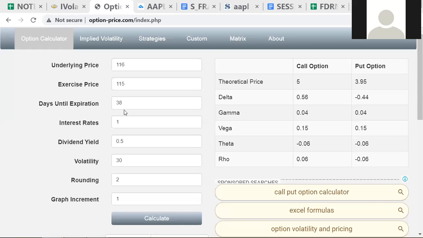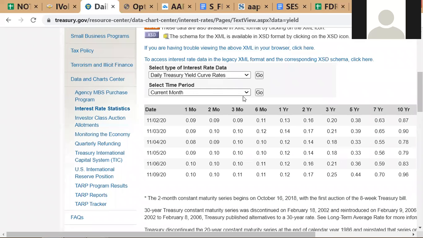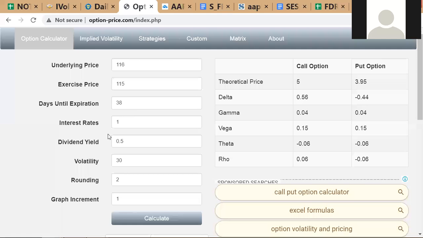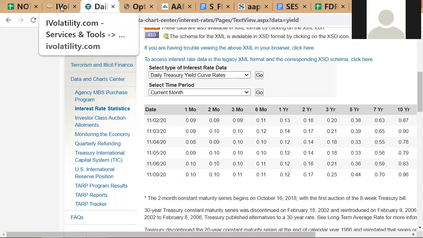Yeah, okay, no problem. See, here you can find it actually. This is the US Treasury website. The basic logic is that you have to find the US Treasury interest rates for the particular tenor. In this case, you go to the US Treasury website and see the tenors. Today is 11, closest to 11.9. You see these are the interest rates. Now you want 38 days, so you can do simple straight line interpolation.